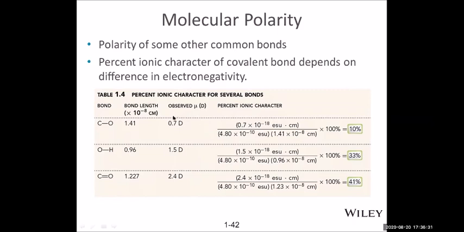In physics, there's a way to calculate it. You basically use the observed dipole moment to calculate how much charge is on the atom, and use the calculated charge to calculate the ionic properties.